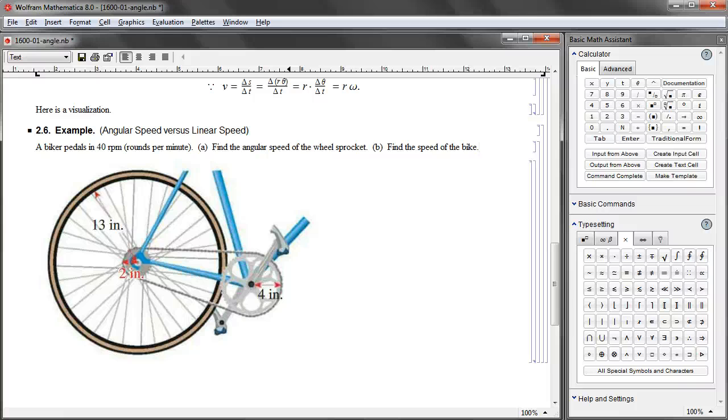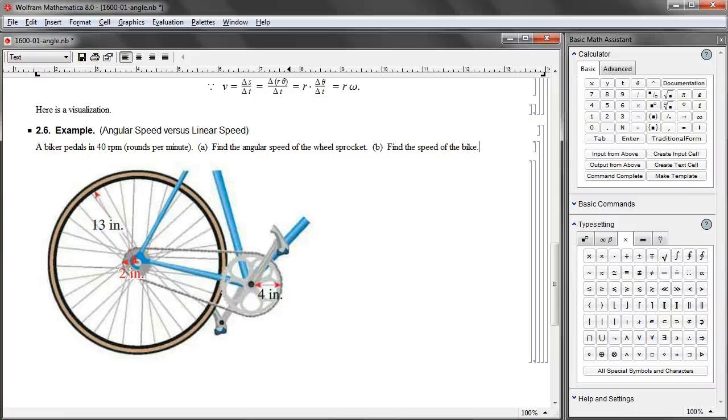Because that's tied to its chain, this wheel sprocket is tied with the chain to this a little bit larger pedal gear, and you have to use that to figure out the angular speed of the wheel sprocket, which has radius 2 inches.